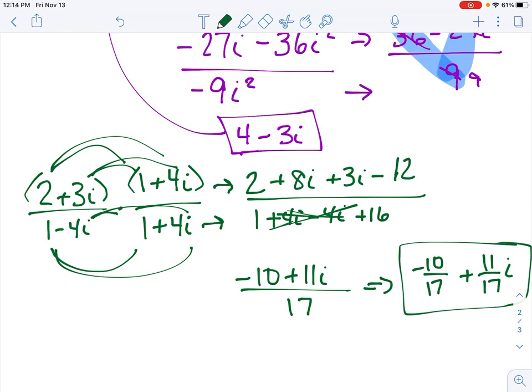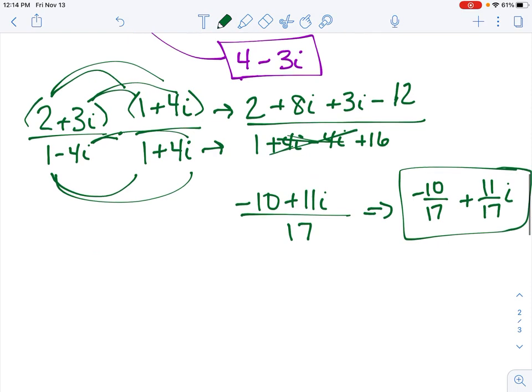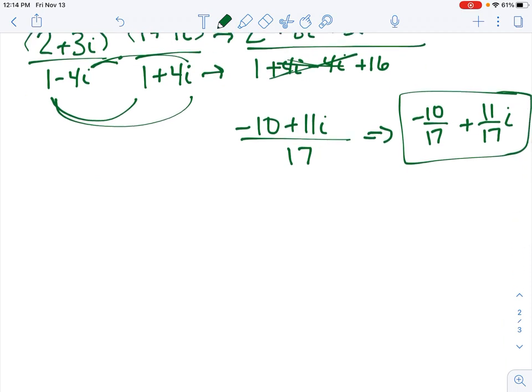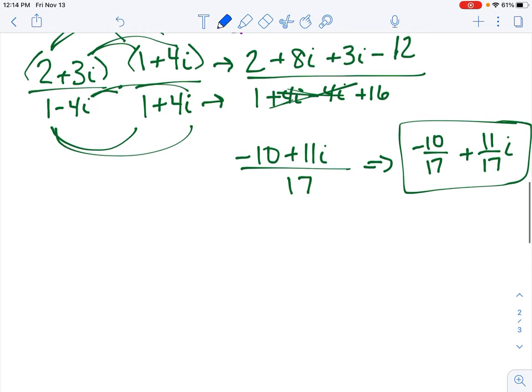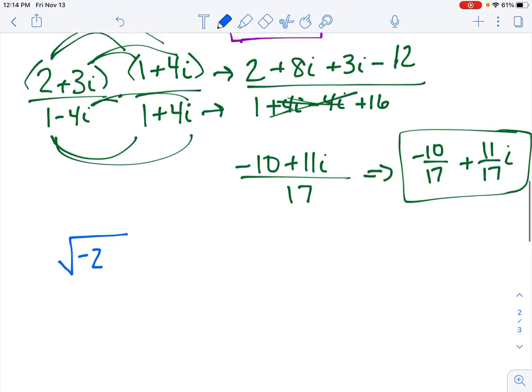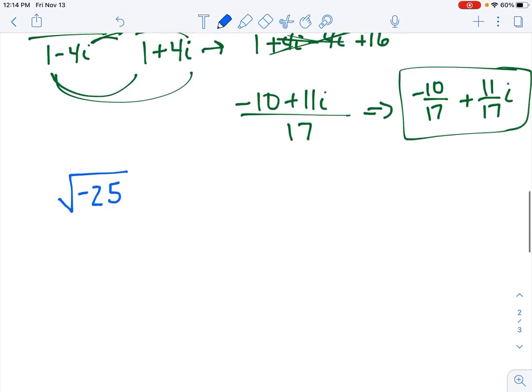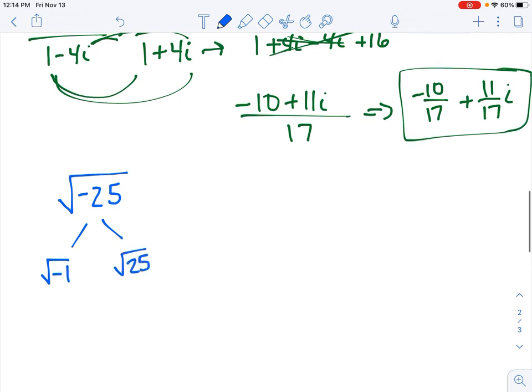So before we move on to our final idea, last three problems, we're going to talk about imaginary units and how we can simplify something such as the square root of negative 25. Now, as we did the other day, you can split this out. We can say that the square root of negative 25 is the square root of negative 1 and the square root of 25.